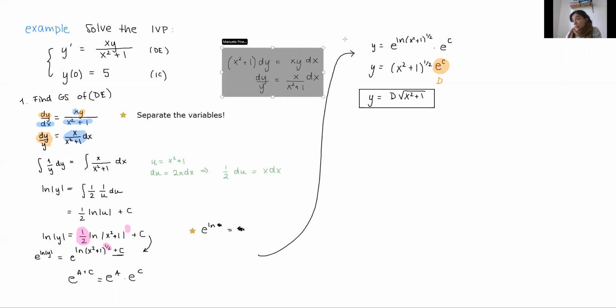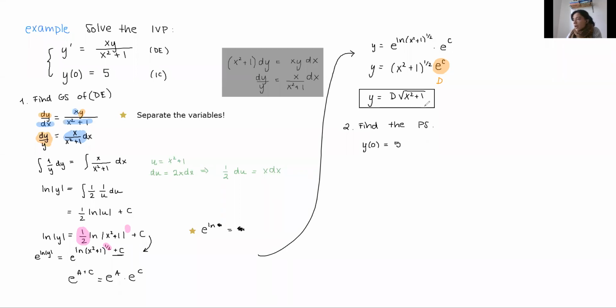But now we need to finish a problem that we started. The second part is to find the particular solution. That means we have y of 0 is equal to 5.